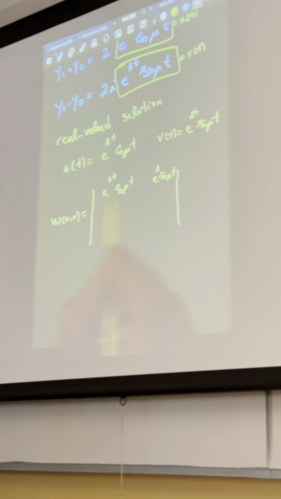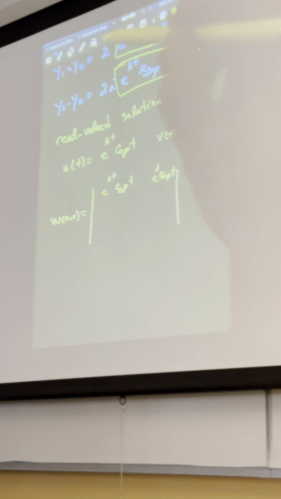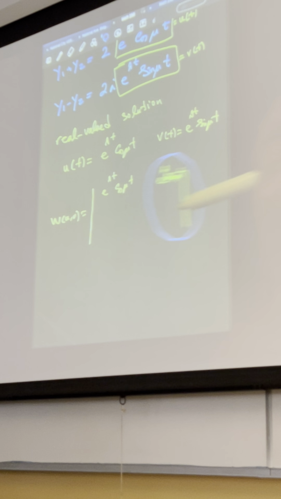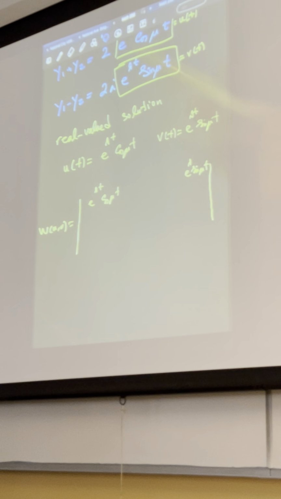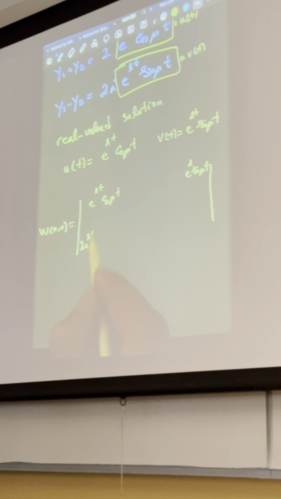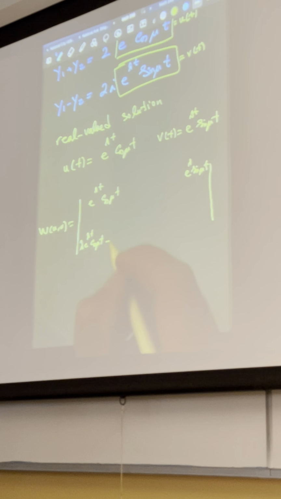What is the derivative of this one? I think I need more space, hold on. So the derivative of this is lambda e to the lambda t times cosine of mu t, minus mu e to the lambda t sine of mu t.